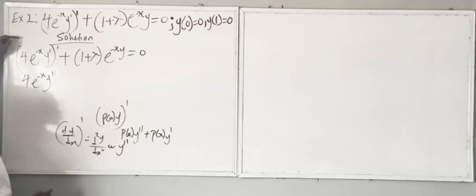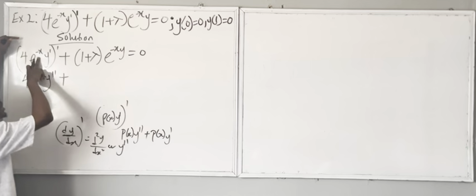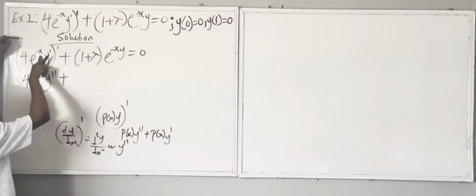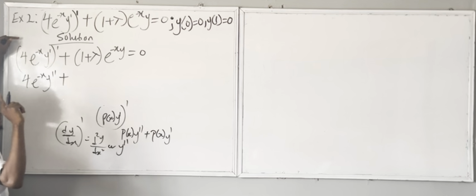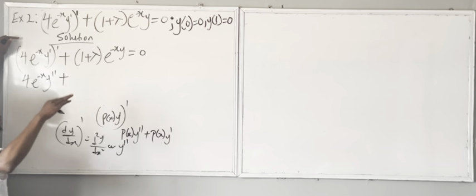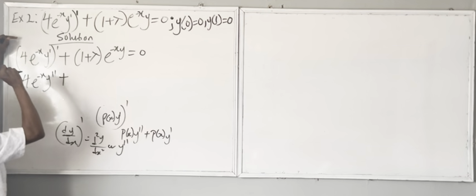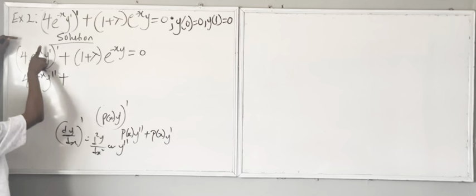So I'm going to have y double prime plus, I'm now going to differentiate this one, exponential minus x, with respect to x. If I differentiate exponential minus x, I'm going to have minus 1 times exponential minus x. Differentiating x gives 1, but minus is here, so minus times 1 is minus 1.